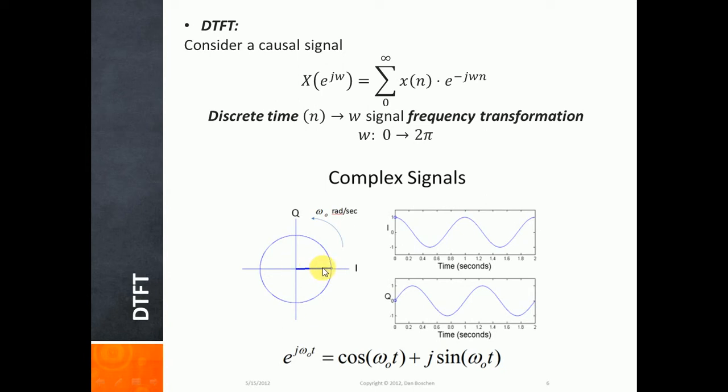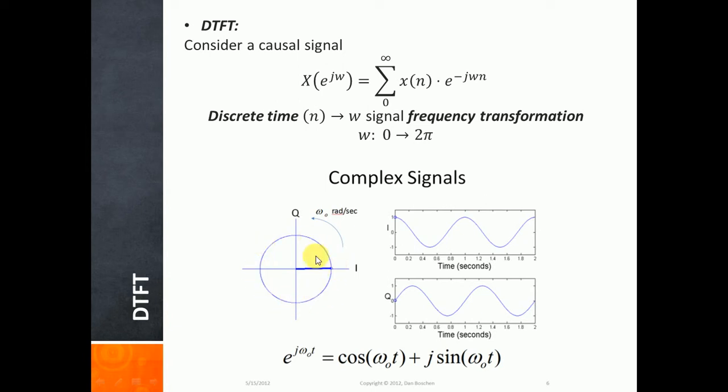So you have this angular frequency. The distance from the origin, the radius here, is 1. And then the angle starts from 0 up until, this is pi, which is 180 degrees. This is 2 pi, which is 360 degrees.